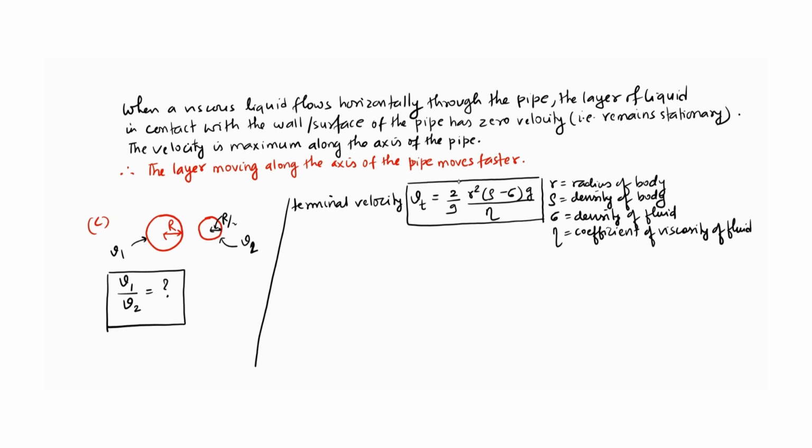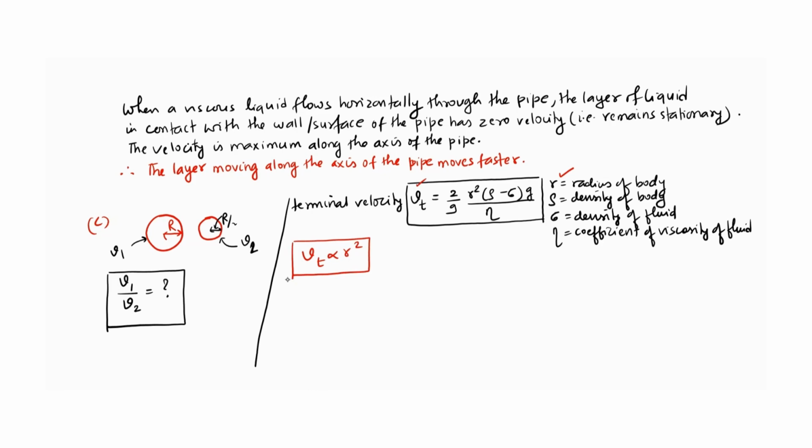In this question we have the radii given for the two drops. Terminal velocity Vt is proportional to the square of the radius.